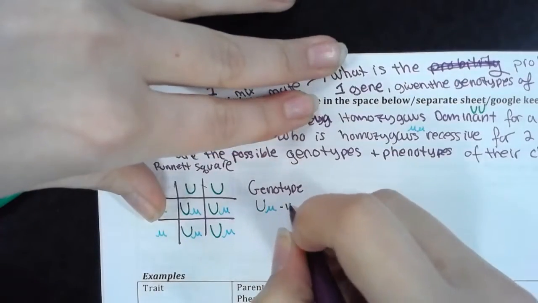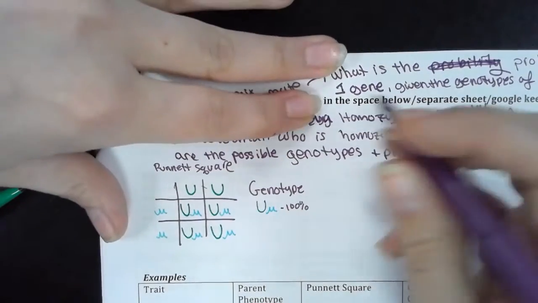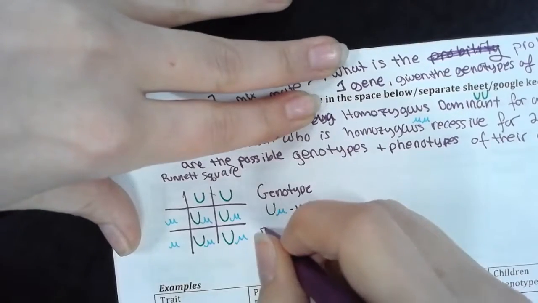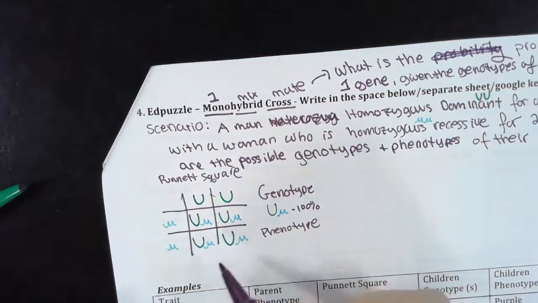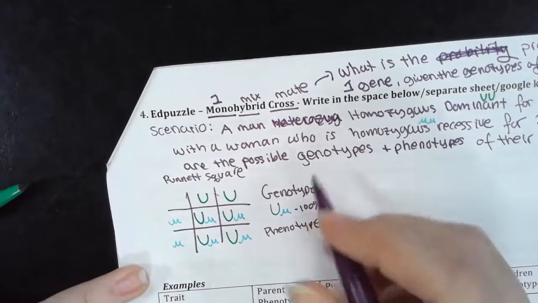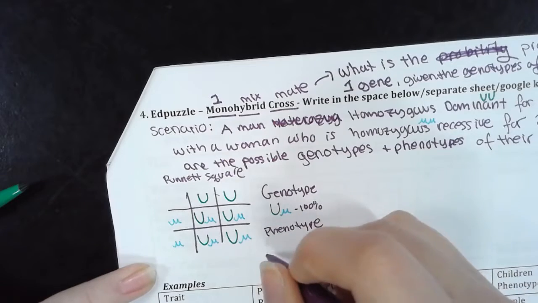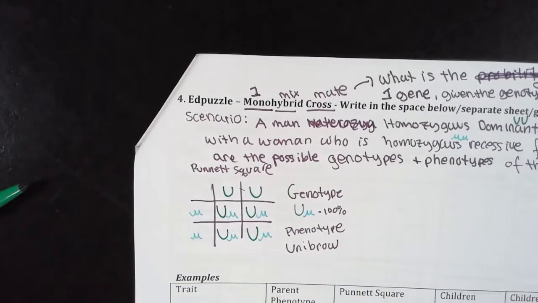And this is 100% of my children are going to have this genotype. Now my phenotype, because it's mixed, because it's heterozygous, but I have a dominant present, that means that all of my children are going to have a unibrow. So we would definitely need to invest in tweezers.